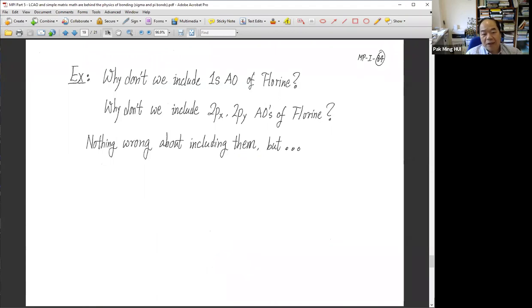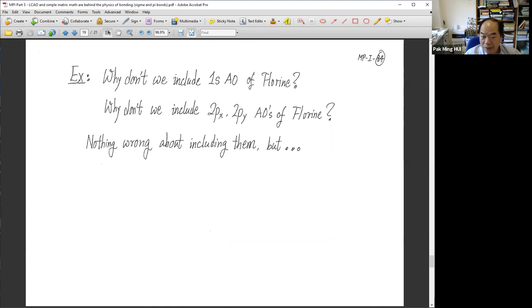Some remarks, okay? So we only consider the 2pz of fluorine. You may ask, what happens if I include the fluorine 1s, 2s, and all the other things? That's fine. You can do it. The matrix will be bigger. Then you will have more electrons to fill in.